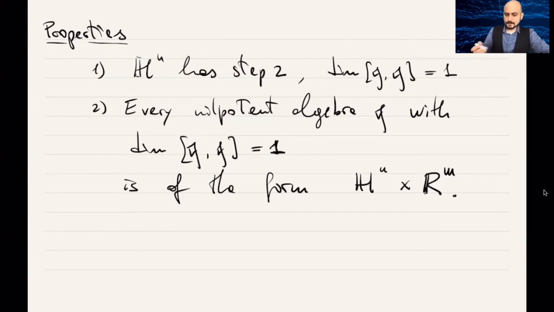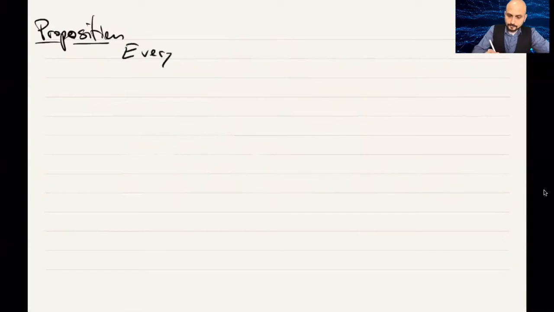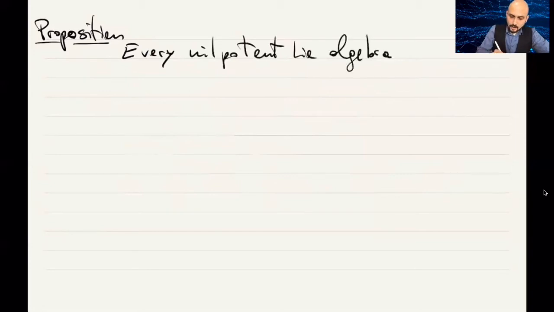This is also a stratified algebra, but let me convince you, let me actually prove, that every time you have a nilpotent group of step 2, the algebra is stratifiable. So here is a proposition I want to prove: every nilpotent Lie algebra of step less than or equal to 2 is stratifiable.